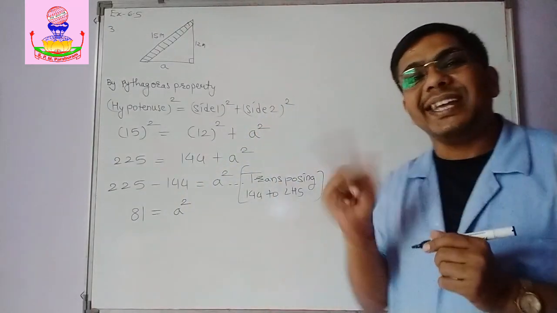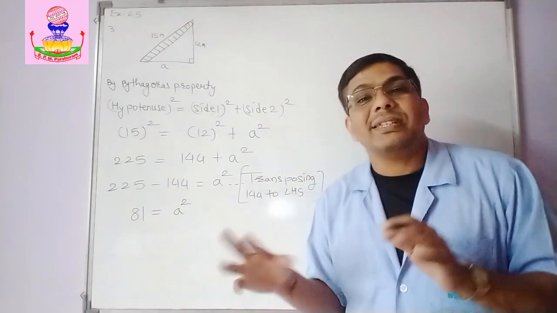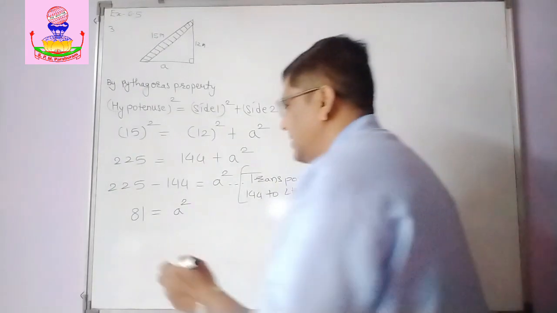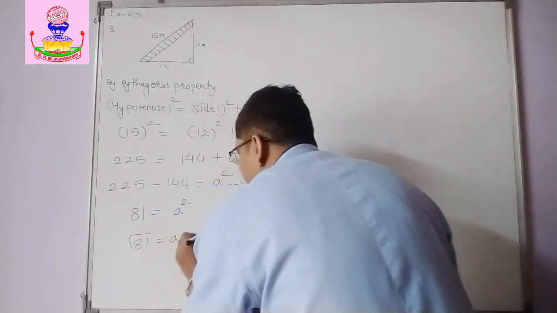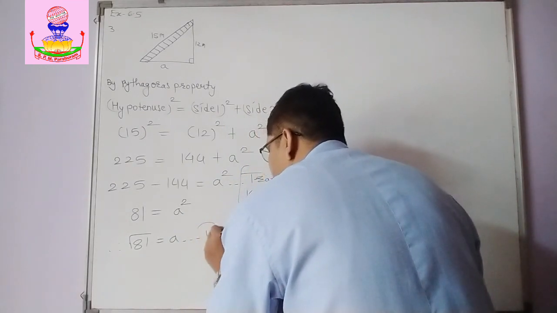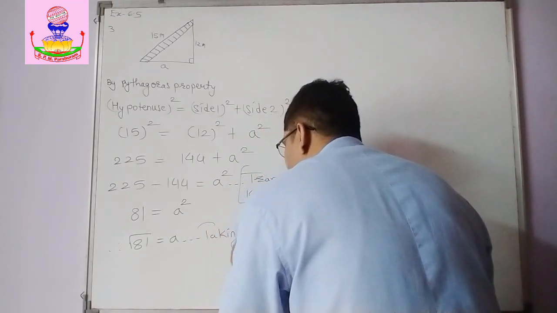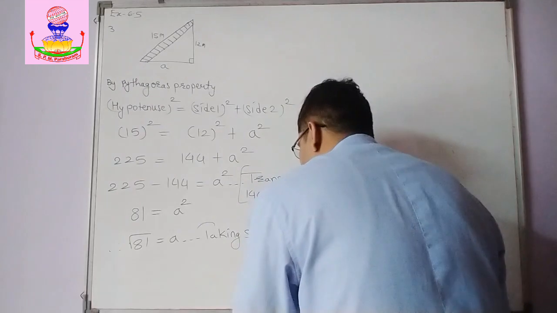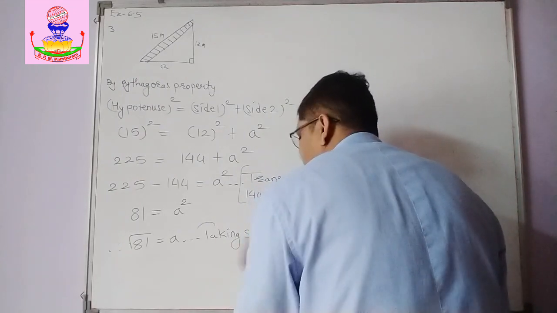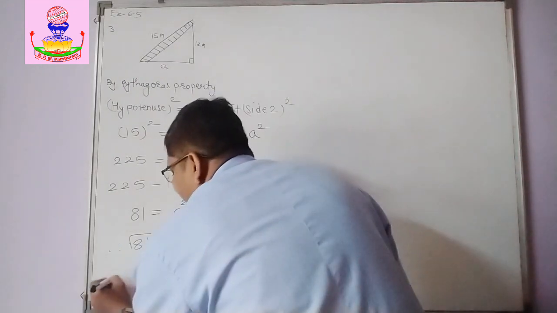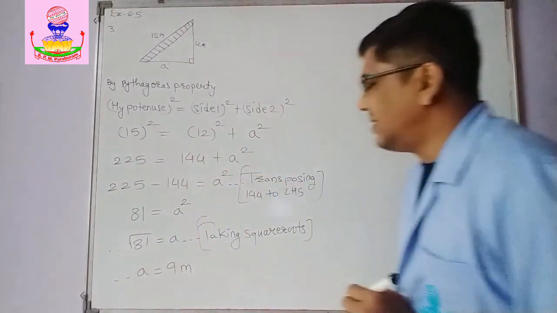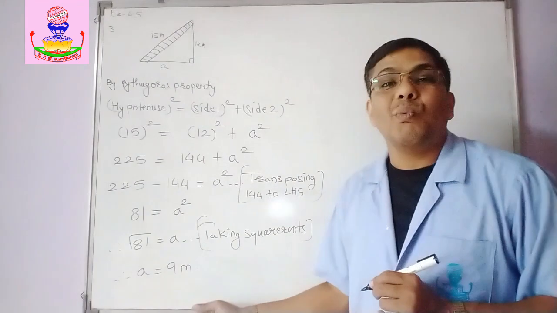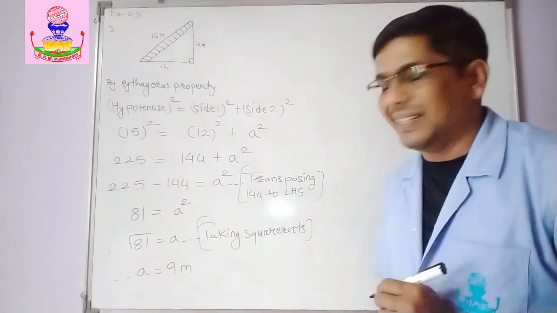I want the value of A. This is square, and the opposite of square is square root. So square root of 81 is equal to A. What did you do? Taking square roots from both sides. The square root of 81 is 9. So the distance of the foot from the wall is 9 meters.